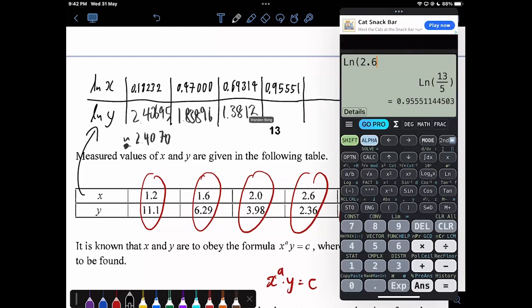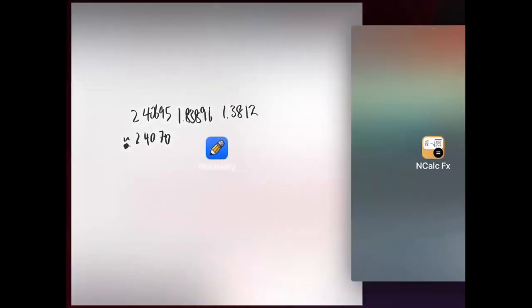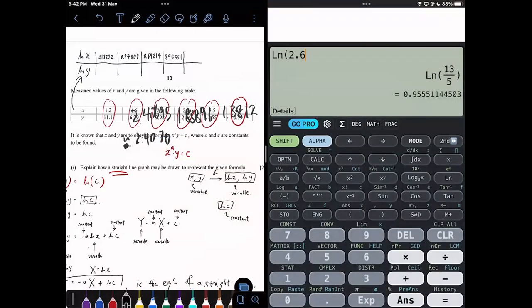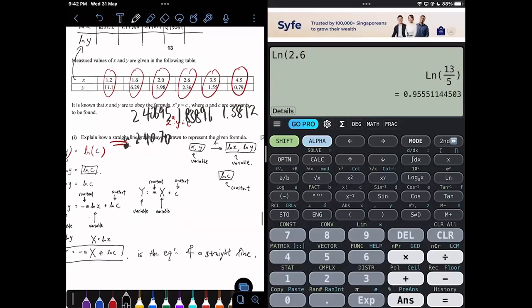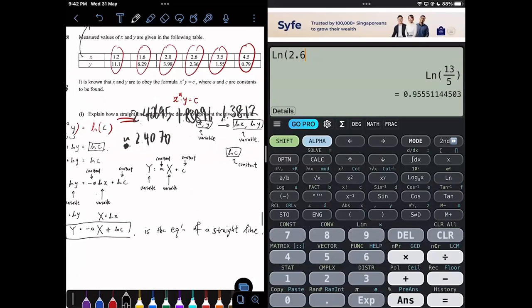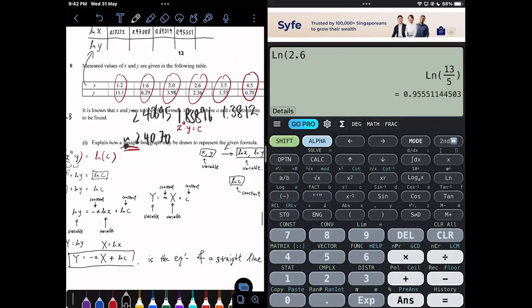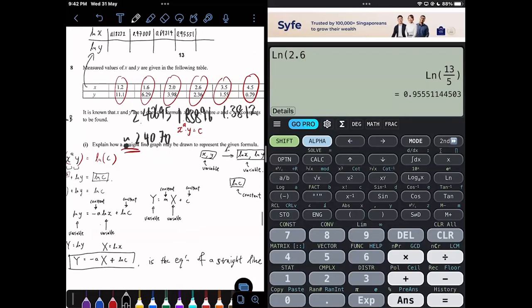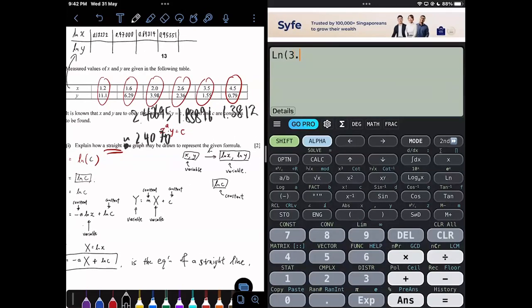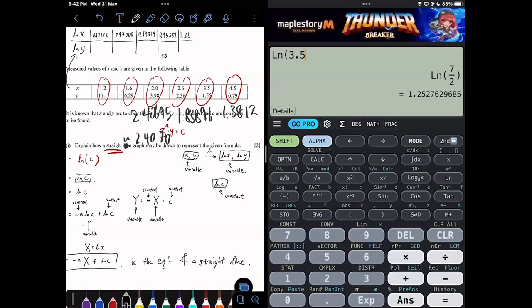Is that all? No, there's a bit more. Sorry, let me just quickly calculate this. Still got 3.5 and 4.5. Give me a second. 3.5, I get 1.2527. And then ln of 4.5. What do I get? 1.504. What's the answer?